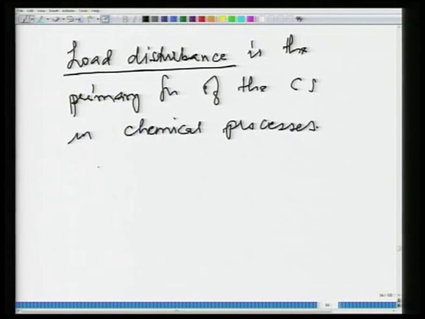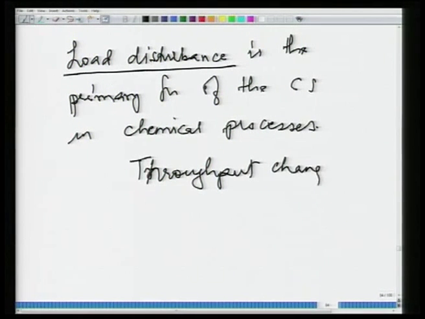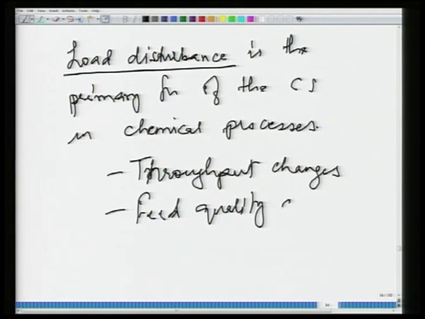Examples of load disturbances are throughput or feed rate changes, more generally referred to as throughput changes. Another example is feed quality changes.